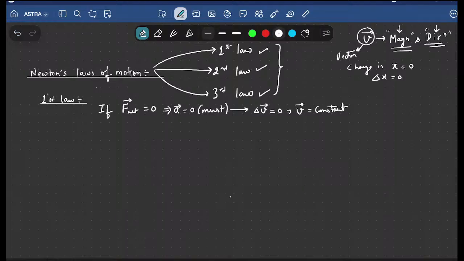Delta is a letter which represents change. Wherever you see this triangle, it means delta. So if delta x is 0, it means xf minus xi is 0. Xf is the final value of x, xi is the initial value of x, and if xf minus xi is 0, it means change in x is 0, because the final value and the initial value are the same. You can directly write xf equal to xi, right?